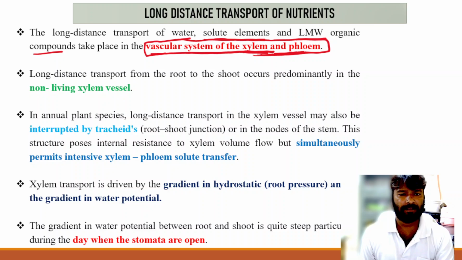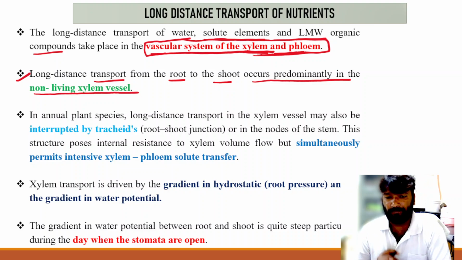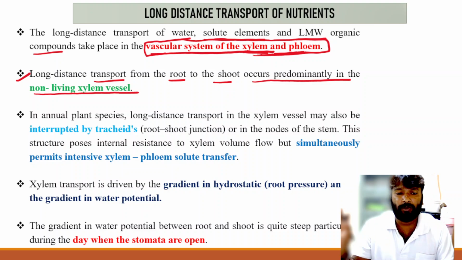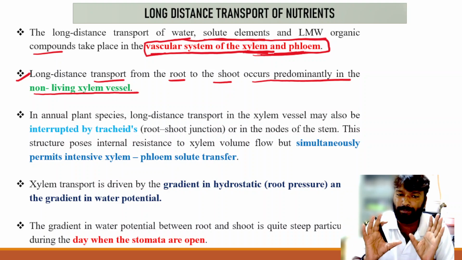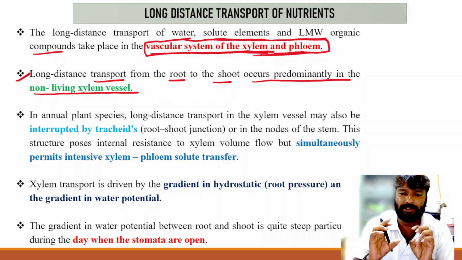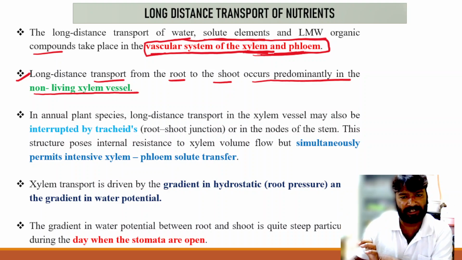Okay, second point: long distance transport from root to the shoot occurs predominantly in the long living xylem vessels. Okay, so this is also one of the MCQ questions: which of the following is involved predominantly in the long distance transport pathway.